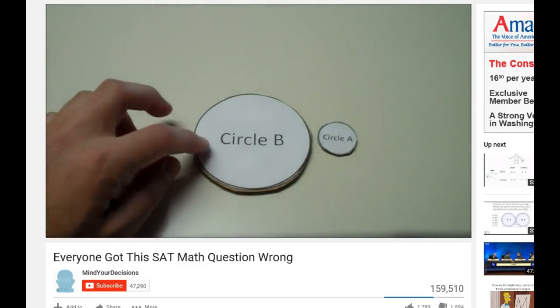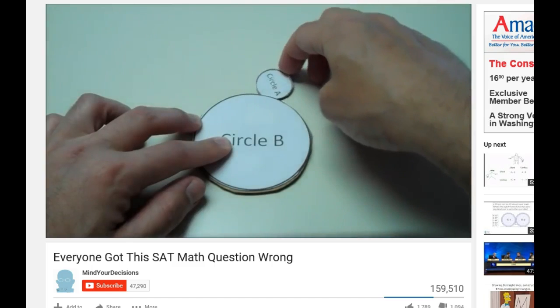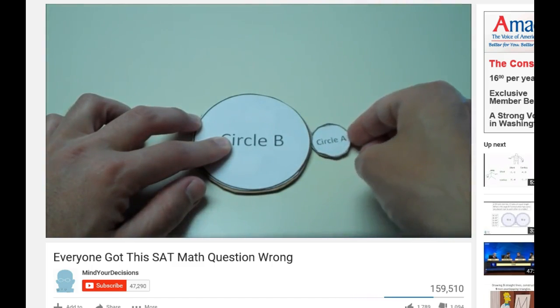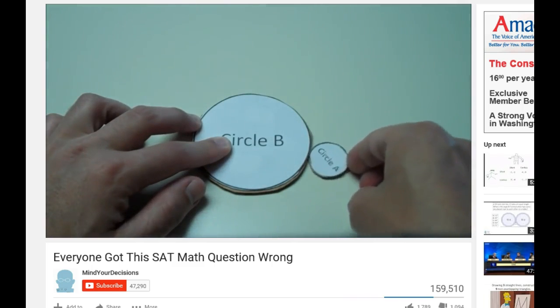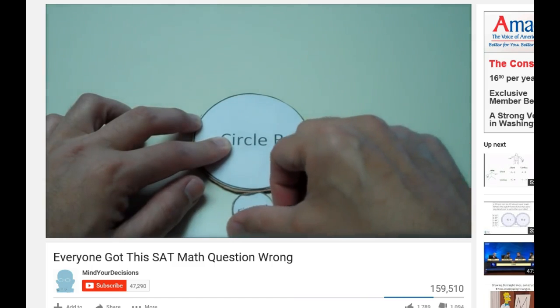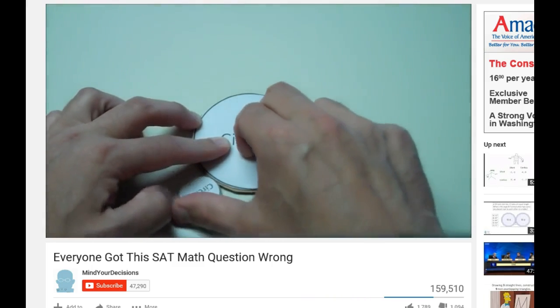I've made cardboard cutouts of these circles. If circle A starts at the top and I carefully roll it around circle B, after 1/4 of the distance, circle A has already revolved around 1 time. When we go halfway around circle B, circle A has rolled around a 2nd time.